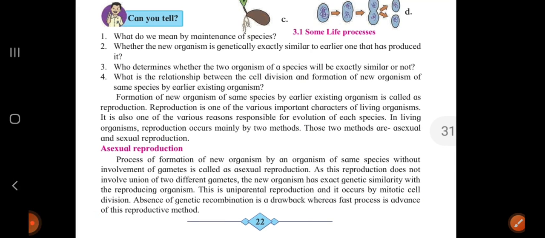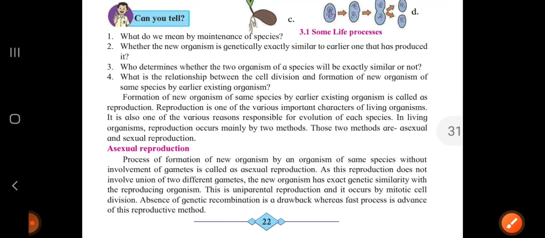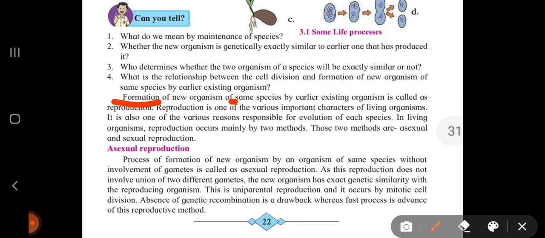So basically, the process of reproduction is divided as asexual reproduction and sexual reproduction. So we'll understand this one by one. So formation of new organism of same species by earlier existing organism is called reproduction.